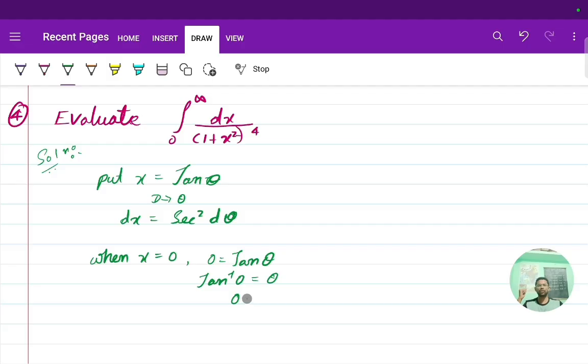Tan inverse 0 is 0, so theta is equal to 0. When x is equal to 0, we get theta equal to 0.